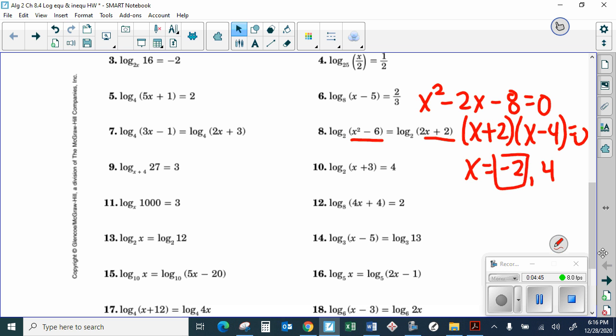So, therefore, this is an extraneous solution. But 4 does work. 4 squared is 16 minus 6 is 10, and 4 times 2 is 8 plus 2 is 10. They're both positive. So there's my answer, 4 only.